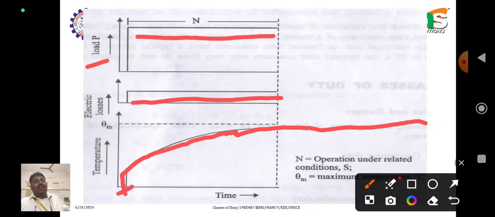For example, you can take a ceiling fan. Initially the temperature is normal temperature. Once you switch on the fan, the temperature gradually increases, but it won't increase like 20, 30, 40, 50, 60, 70, 100, 110, 130.